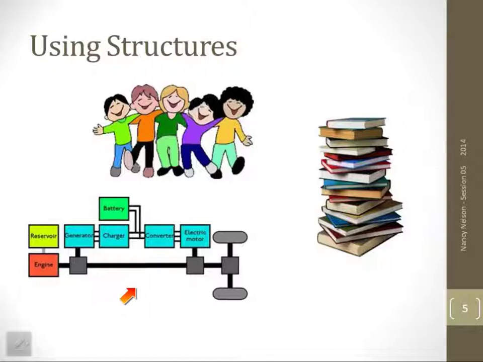So this would be a place where we could have a structure that would hold information about the battery, another structure that would hold information about the converter, and so on. And those could all be grouped together into an array of structures. So even though we're getting into bigger types of structures, we can still group them together into larger structures.